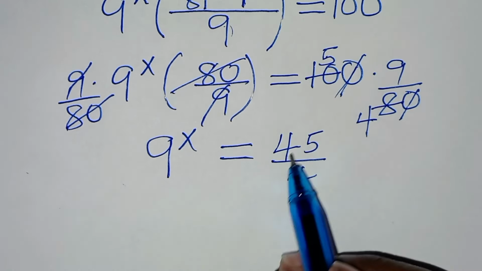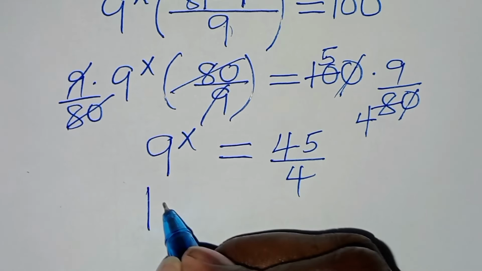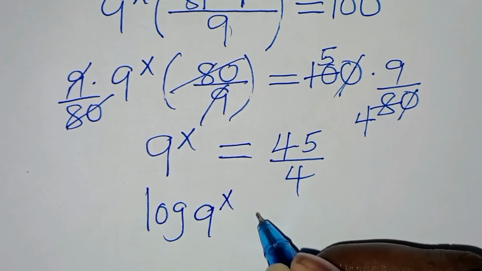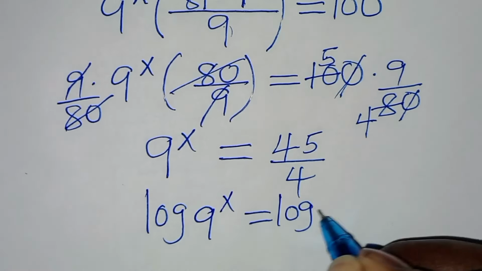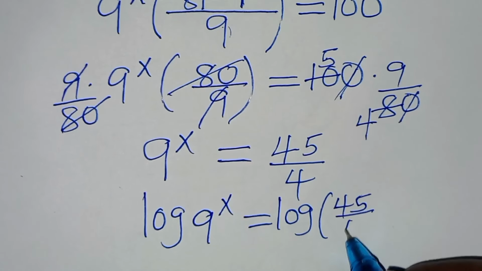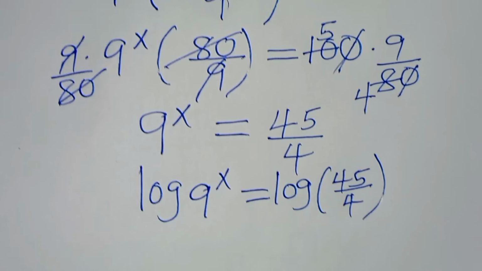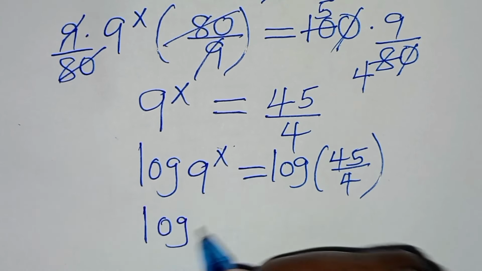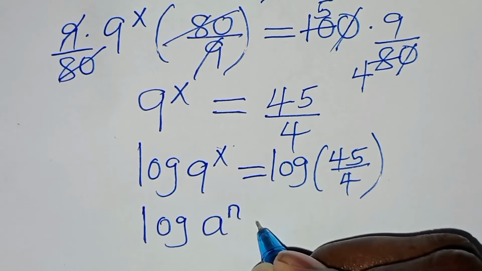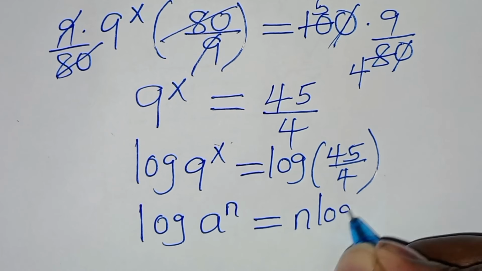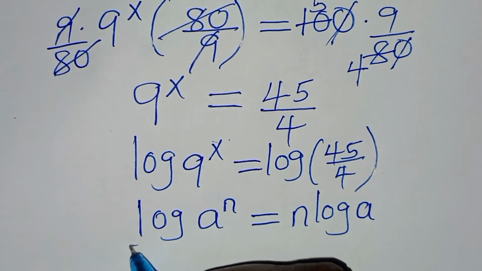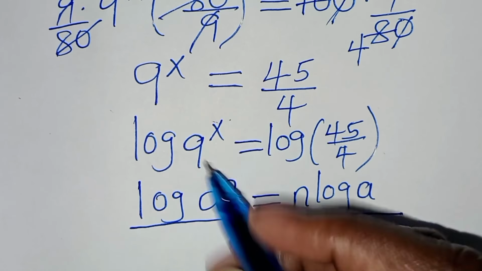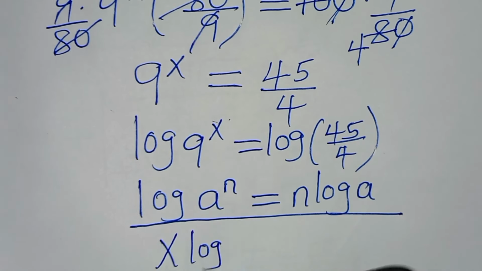Now the next step, to solve for x, we introduce logarithm on both sides so that we have log 9 to the power of x is equal to log 45 over 4. Therefore, log 9 to the power of x is in the form of log a to the power of n, which we can express as n log a. Applying this power rule property of logarithm, log 9 to the power of x becomes x log 9.